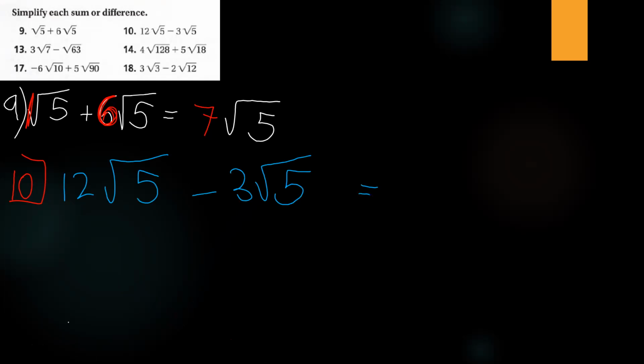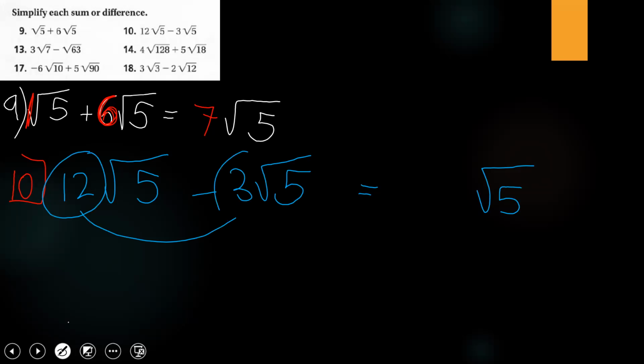Are the numbers under the square root the same? Yes. Choose one of them. Then let's subtract. 12 minus 3 is 9. So the final answer here is 9 square root of 5.